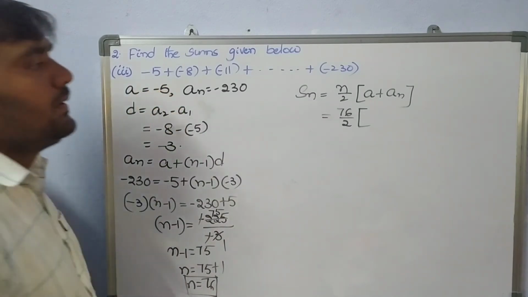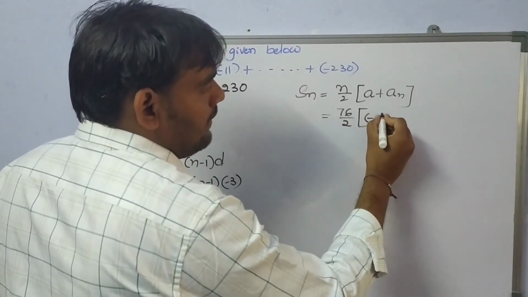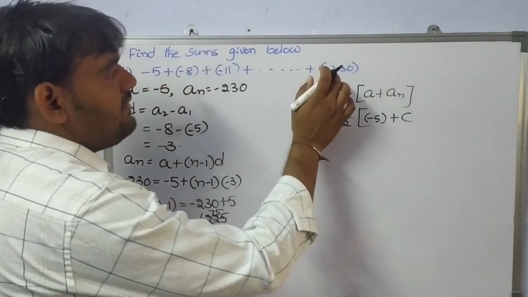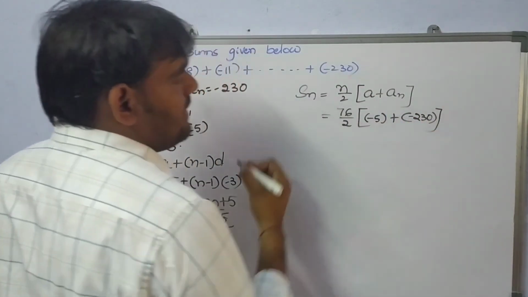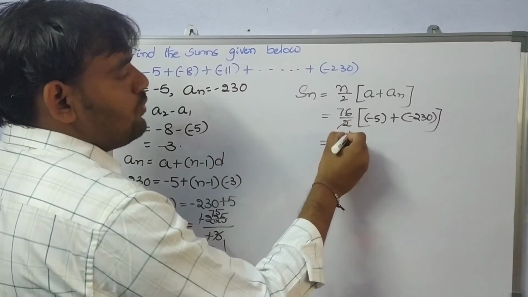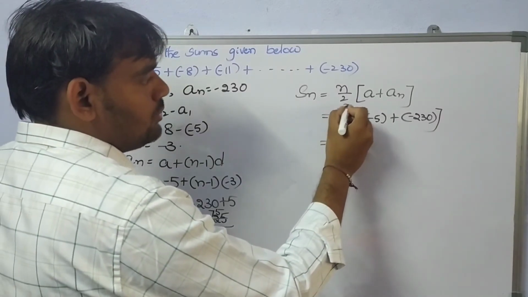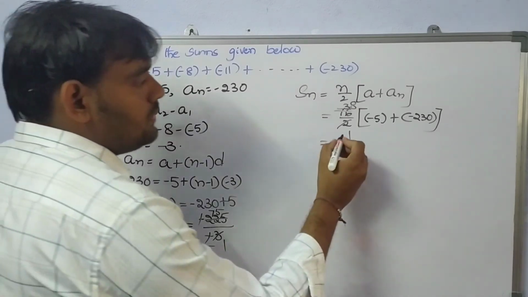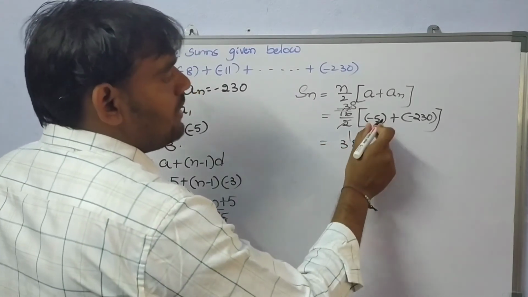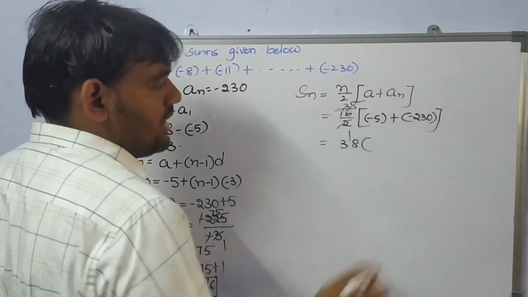A value is minus 5 and an value is minus 230. Is it clear or not? So here 2 ones are 2, 2 38s are 76. Now 38 into (minus 5 plus minus 230).